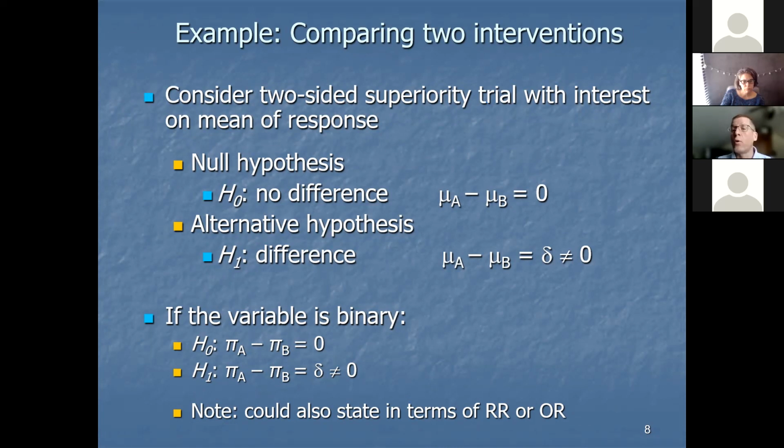And so if I want to formalize these in terms of statistical hypotheses, I'm going to specify a null hypothesis where I have no difference between the groups, such that the difference in means is 0, versus an alternative where that difference in means is equal to some specified amount.